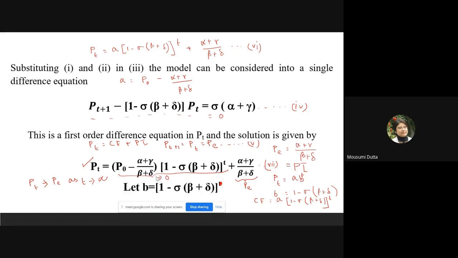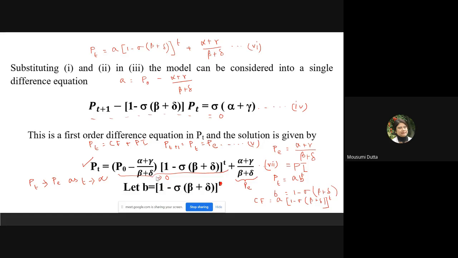If you want PT to tend towards PE as T tends to infinity, you need the first term to tend towards 0 as T tends to infinity.